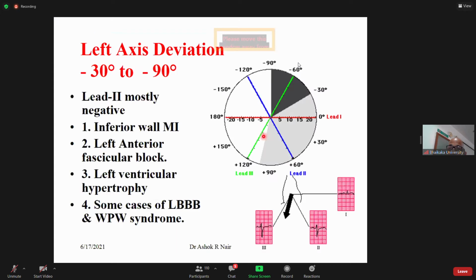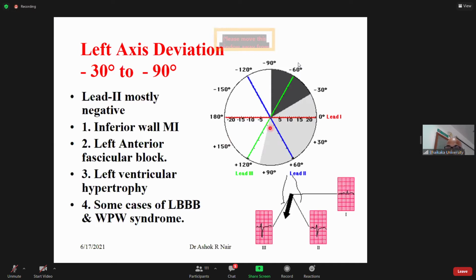If you draw any axis, you can say where this is. If you say lead 2, you draw perpendicular to lead 2, and if your deflection is positive or negative, if it is positive, it will be within this.